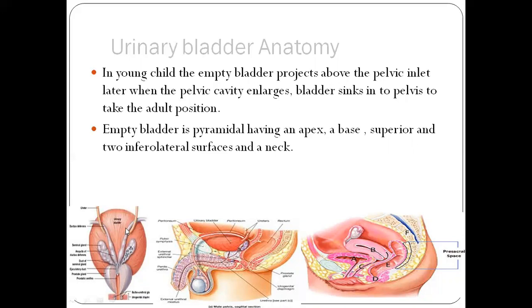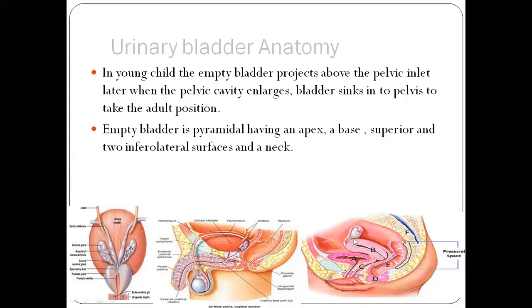These are the vasa deferentia, which separate the two seminal vesicles. This is the seminal vesicle on one side, this is on the other side, and this is the prostate gland, which is present at the neck of the urinary bladder. So this is the posterior surface or base of the urinary bladder in case of male, and this is the bladder. This is the apex of the bladder. This is the base of the bladder.